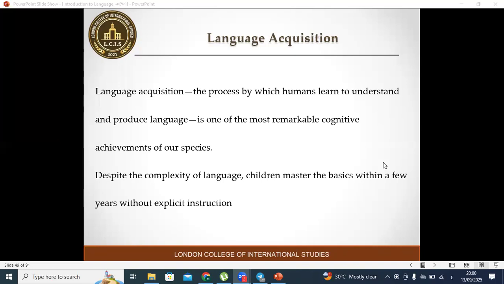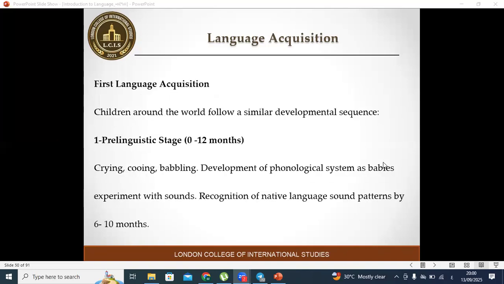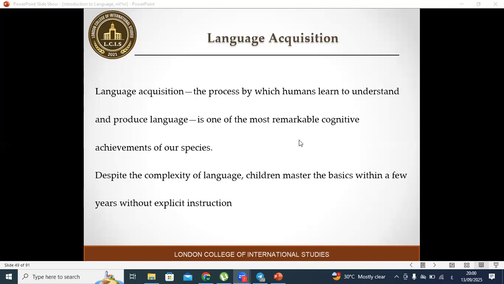You can ask yourself why babies in 2 years can speak clearly without studying, for example, linguistics or pragmatics or semantics or syntax or grammar rules.